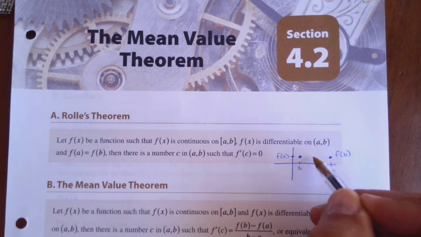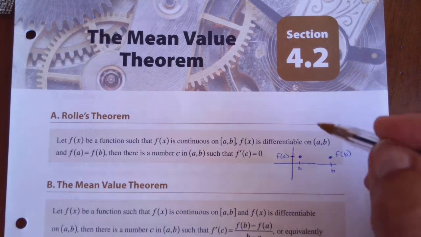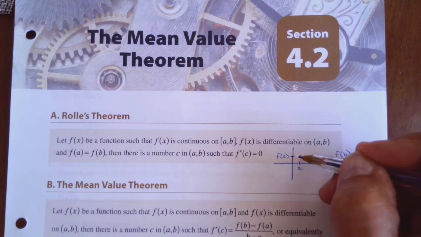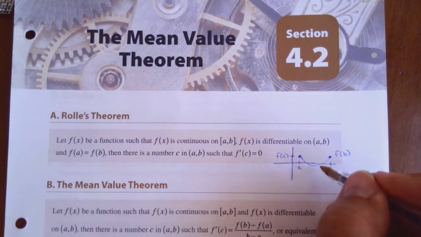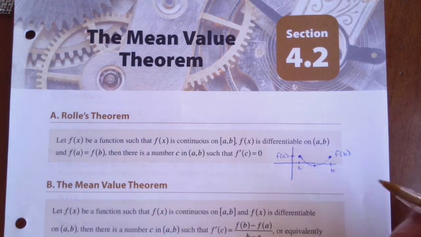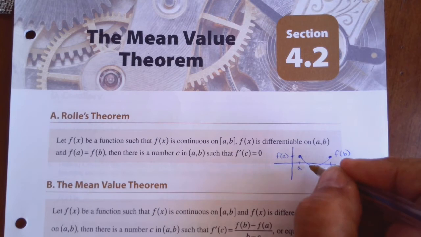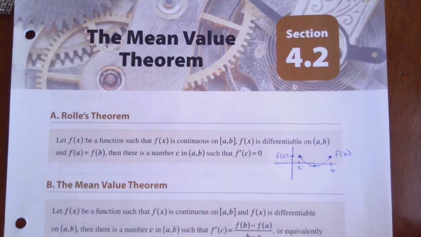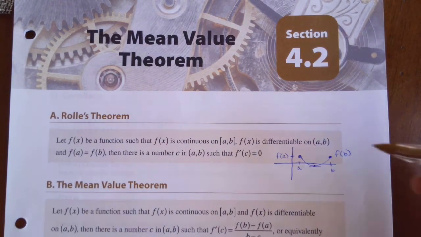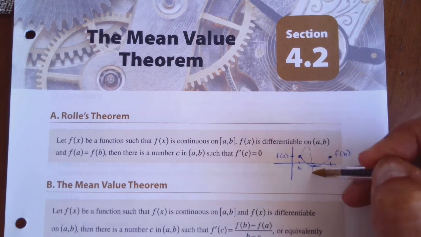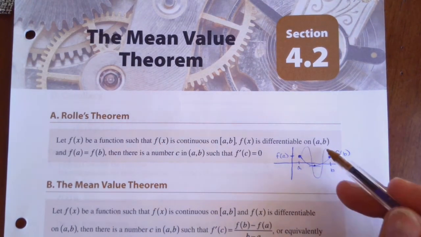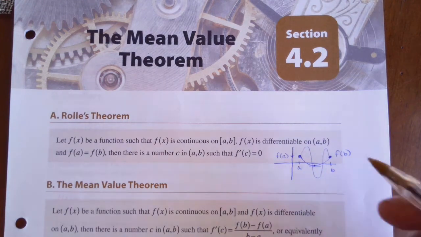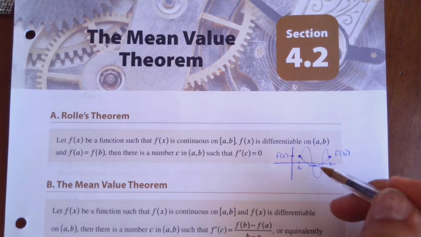So there would be lots of c values in there. Let's take the example where maybe my graph goes like this. Well, there's still going to be at least one point where the derivative is 0, right? Where they have a horizontal line. And if I had the case where lots of things were going on, then I would find lots of values where the derivative is 0. Okay? All of those values are between a and b.